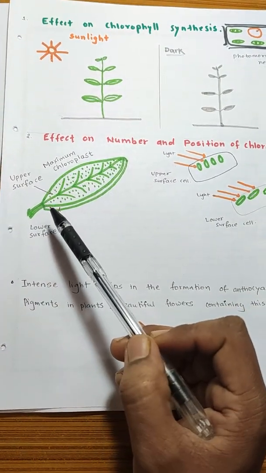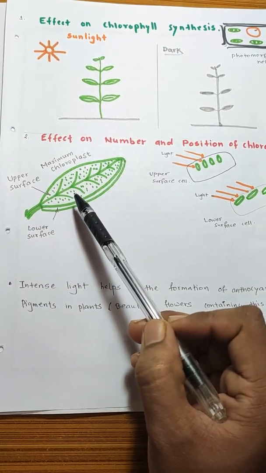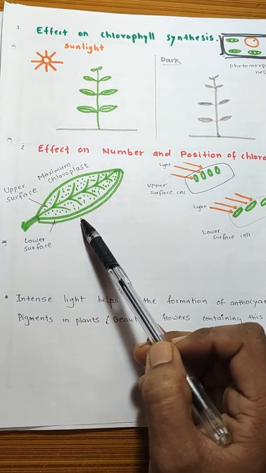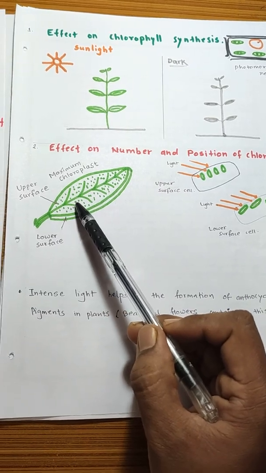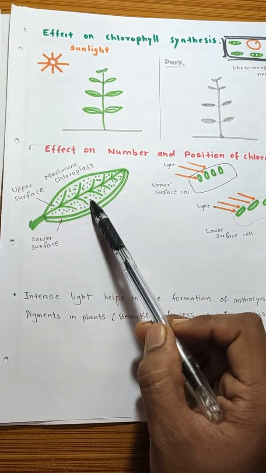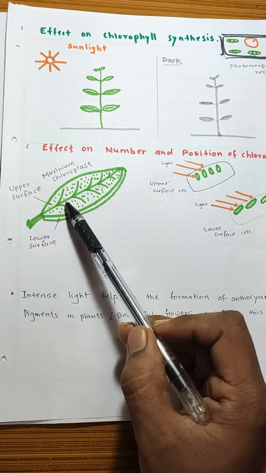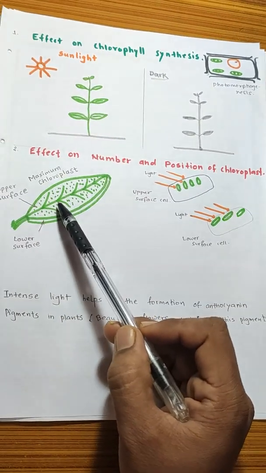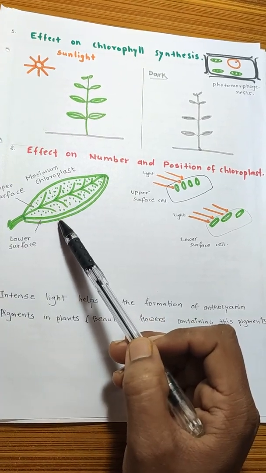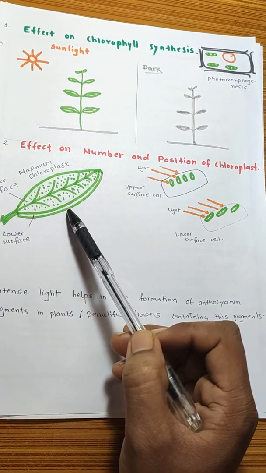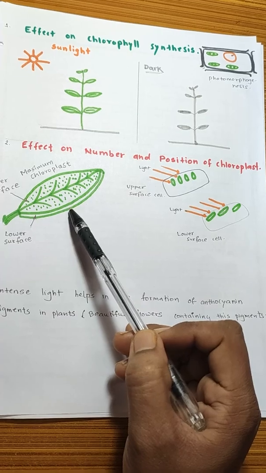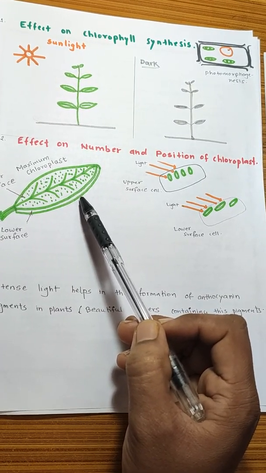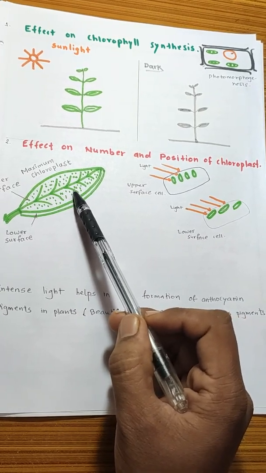Second one is the effect on number and position of chloroplast. See, in the leaf there are two surfaces, upper surface and lower surface. The upper surface is always toward the sunlight, so the maximum chloroplasts develop on the upper surface, while on the lower surface less light is received by the cells, so the number of chloroplasts developed is less compared to the upper surface.